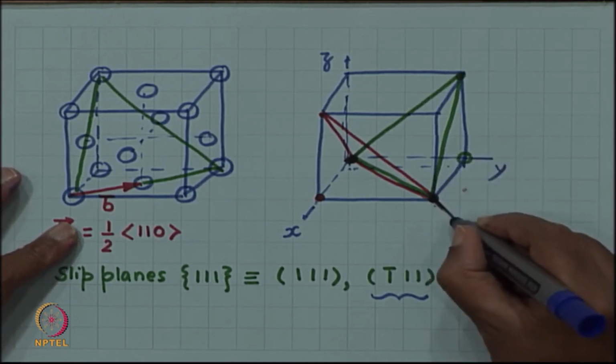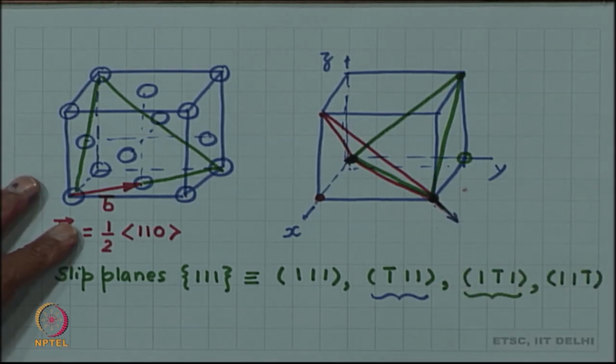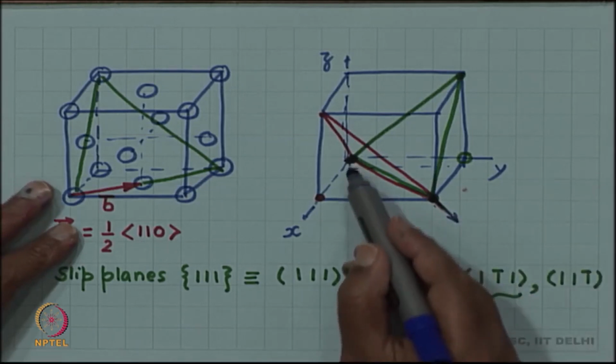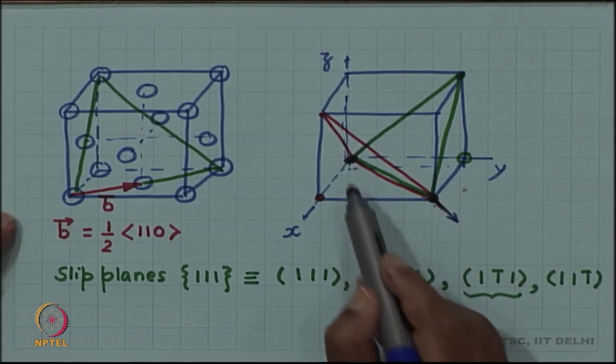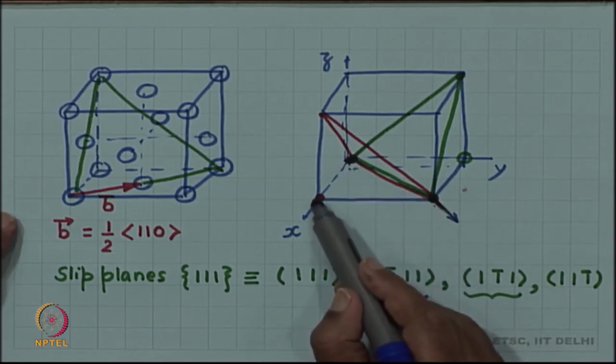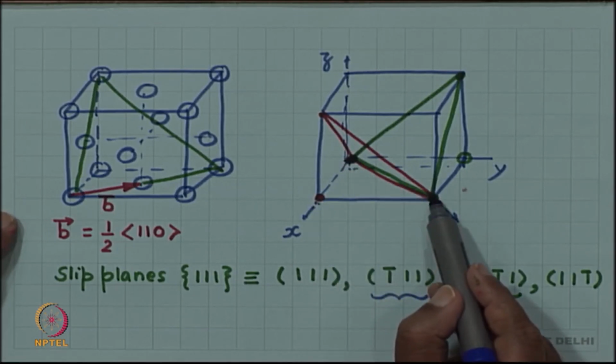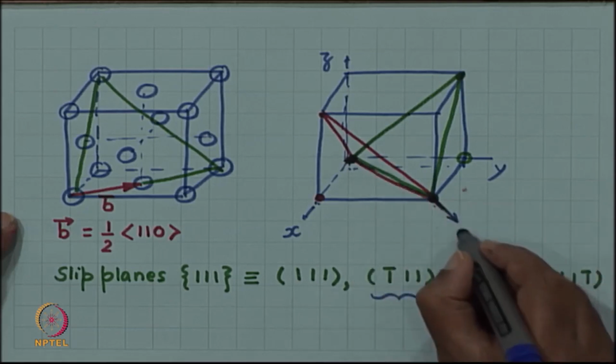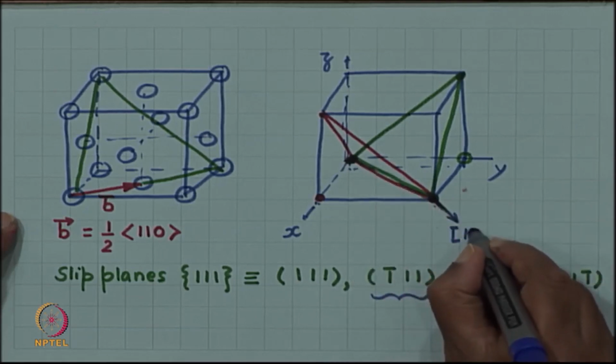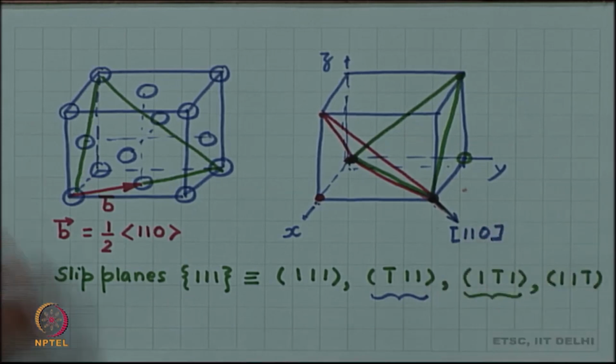You can immediately see that the two planes are intersecting in a common line, which is the bottom face diagonal, and this direction you can index using Miller indices, because I can take one step along x and one step along y to generate this vector. So, this direction is 1 1 0.